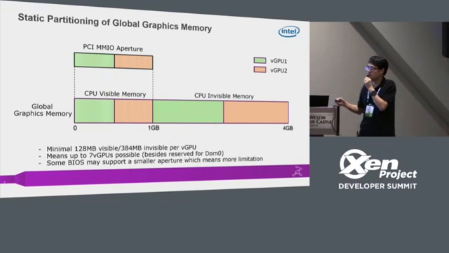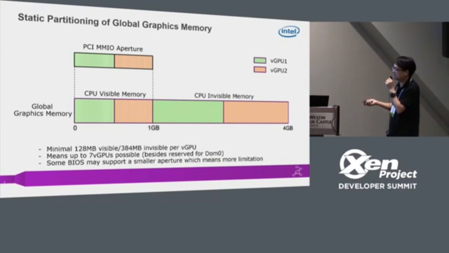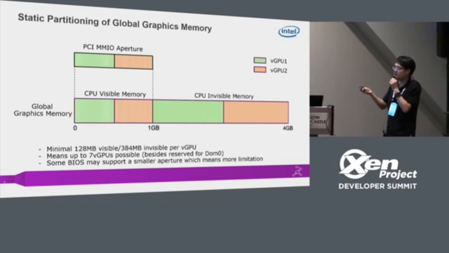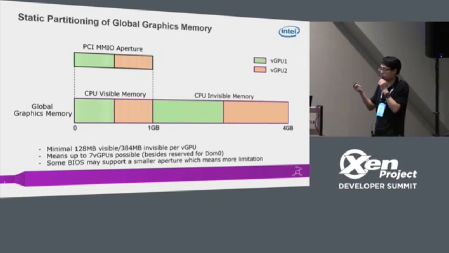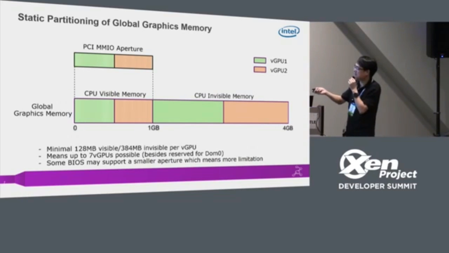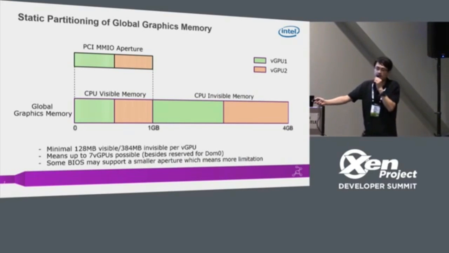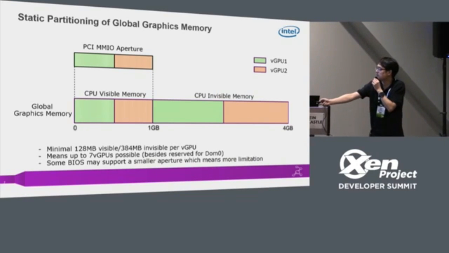So if we want to support seven VMs, this is the maximum number we can support with this static partition solution. So currently we can only support 7 VMs plus DOM0 because of these minimum requirements on the guest side. So how do we break these resource limitations?